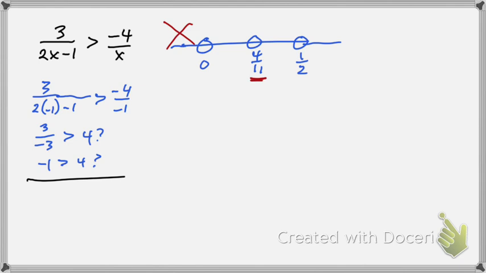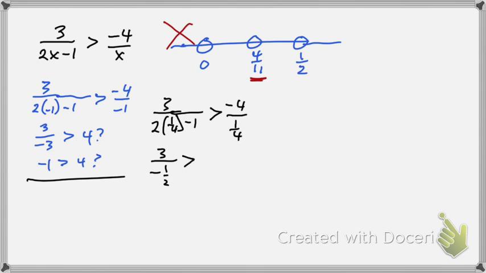So I've got 3 over 2 times 1/4 minus 1. Is that greater than -4 divided by a fourth? On the left-hand side, I've got 3. 2 times 1/4 is a half. A half take away 1 is -1/2. On the right-hand side, I've got -16.